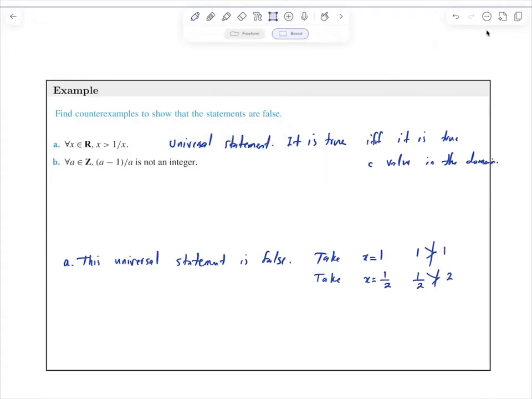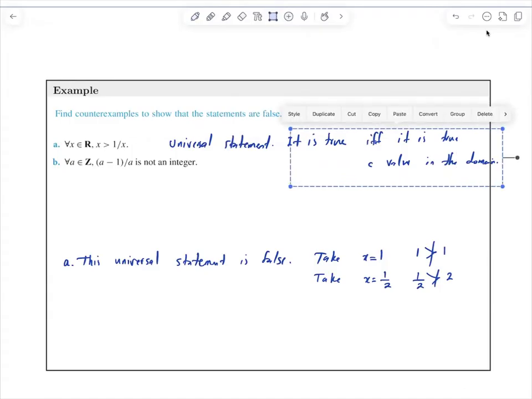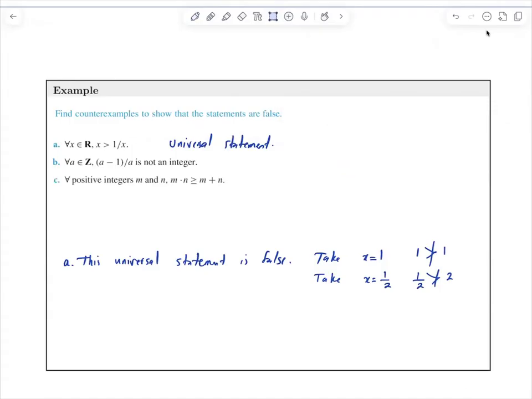Another example for you. Okay. B and C. B says for every A in Z, for any integer, A minus 1 divided by A is not an integer, right?